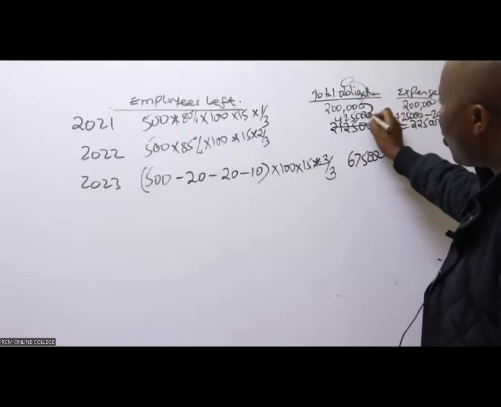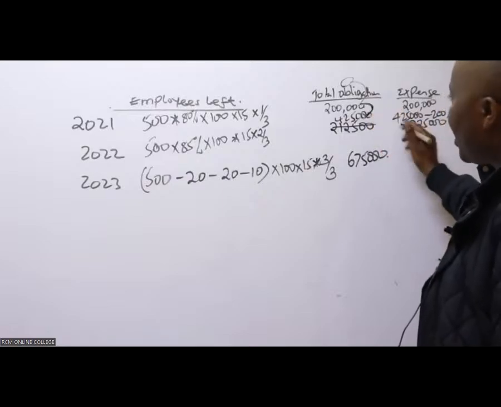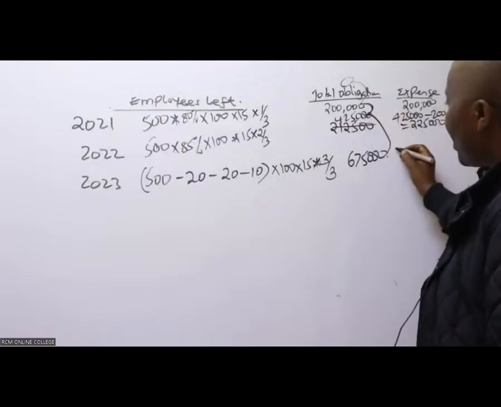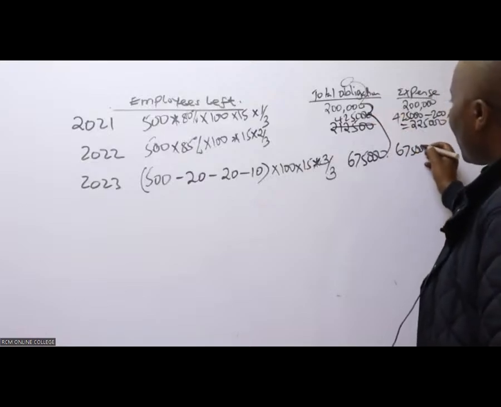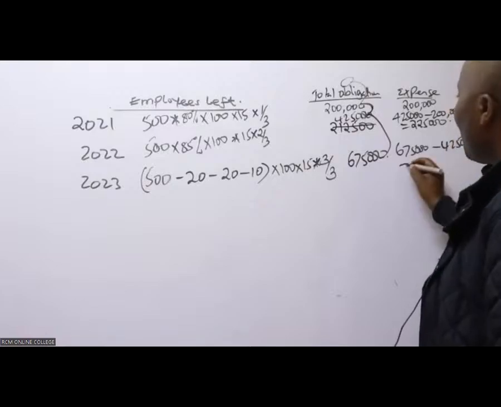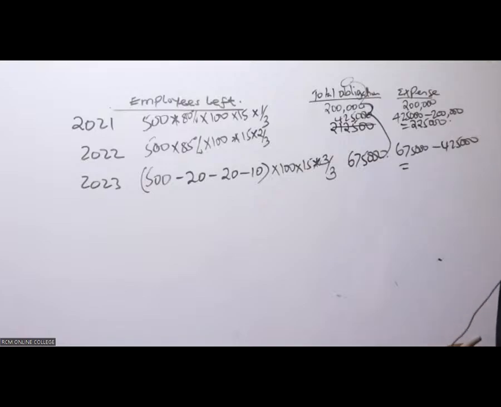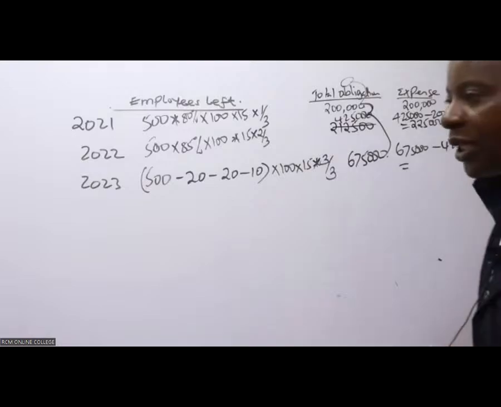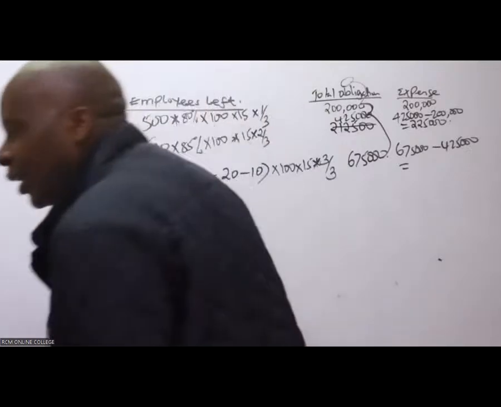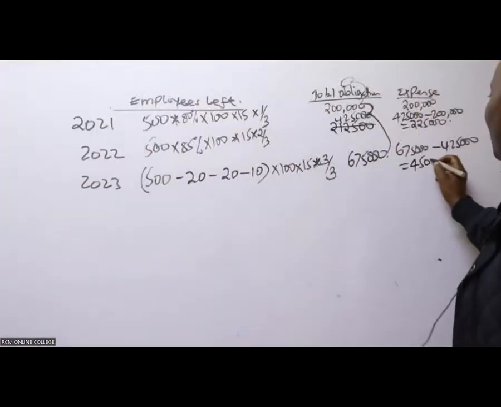The second year you recognize this difference there. The third year you shall recognize this difference, which will be 675,000 minus 425,000. So 675,000 minus 425,000 gives me what figure? 450,000. Thank you very much.